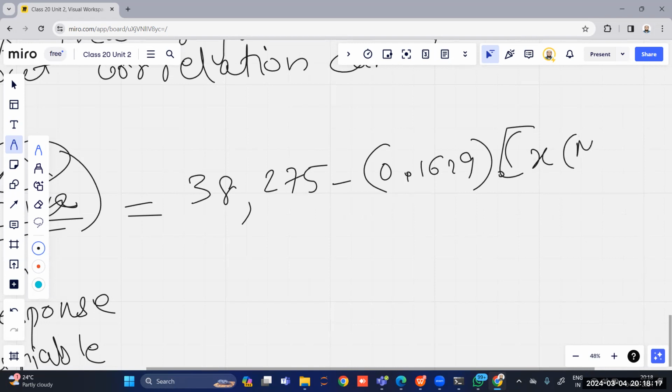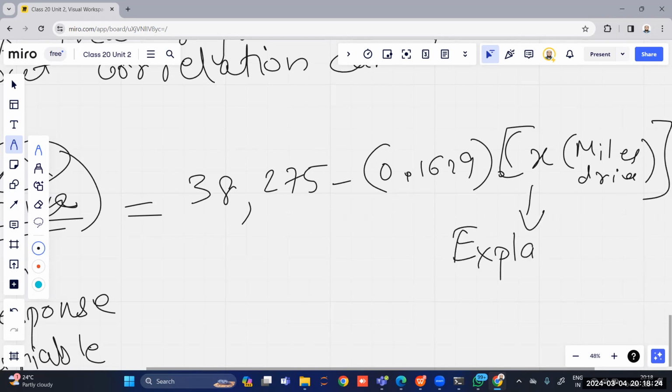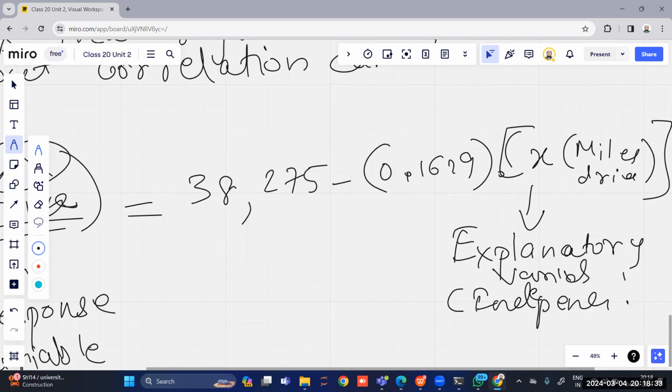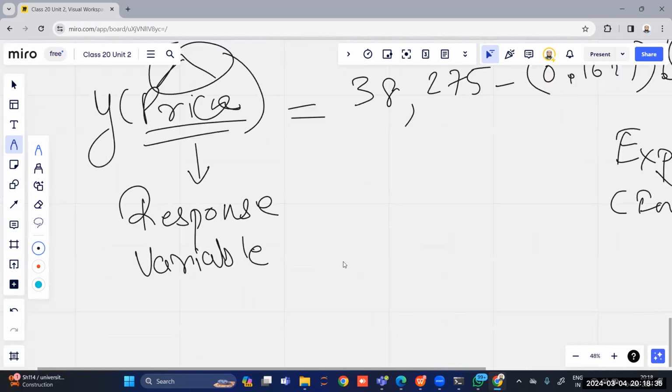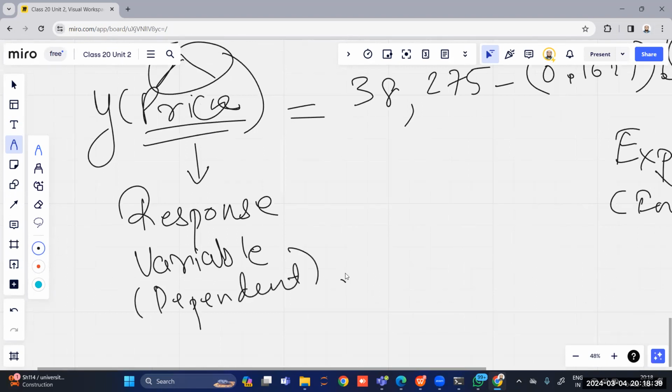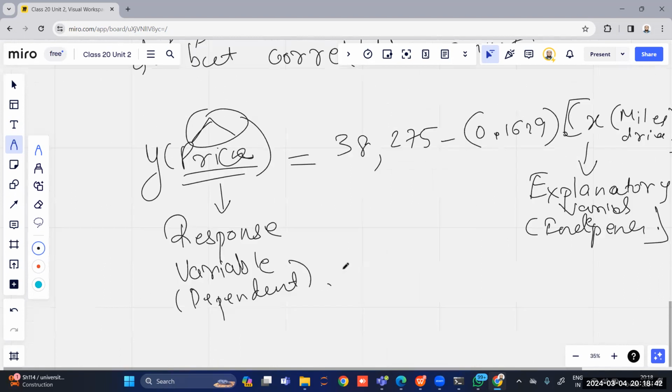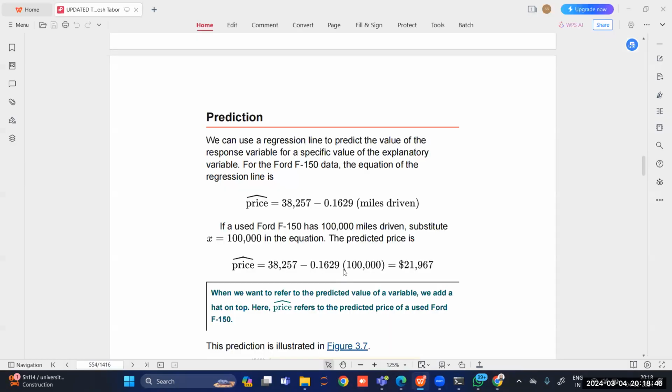It is the miles driven, the explanatory variable, also known as the independent variable. And y is the dependent variable, as it depends upon the value of x. We can only predict the value of y if x is present. If x is absent, we cannot predict it.